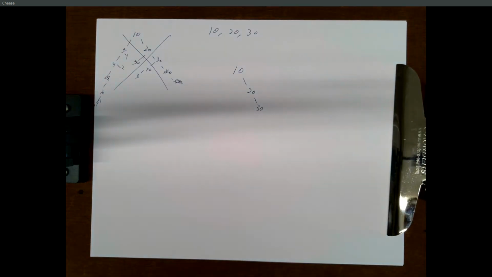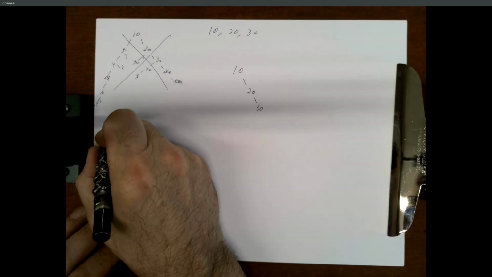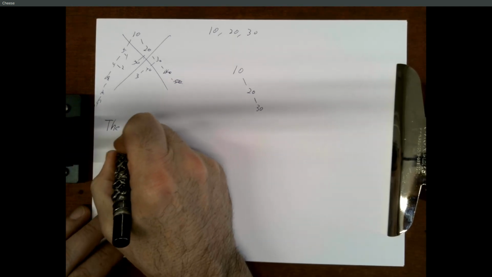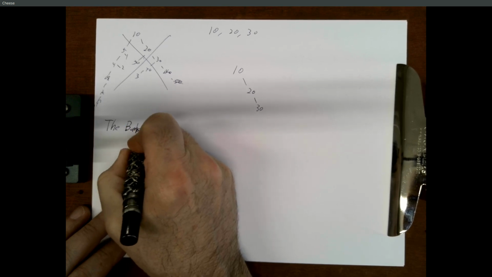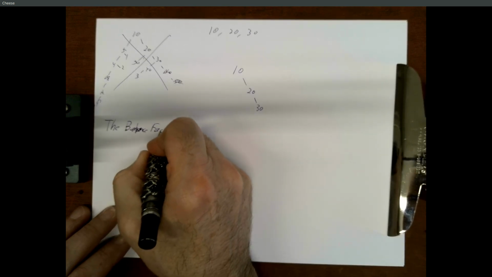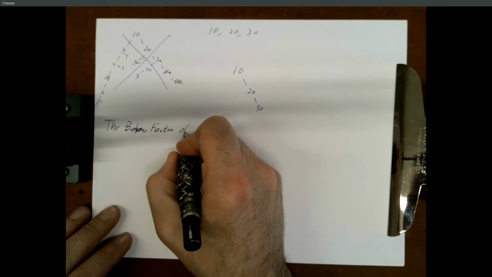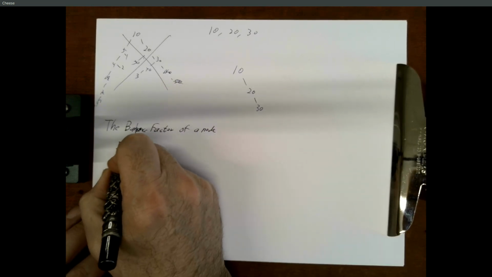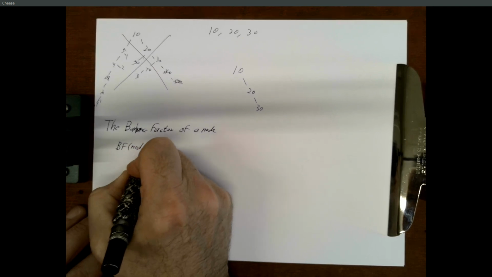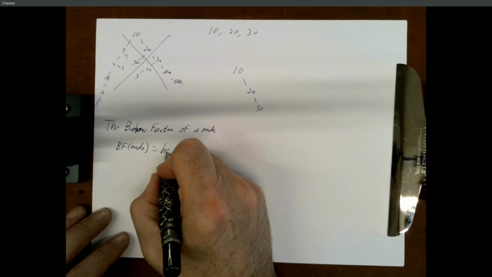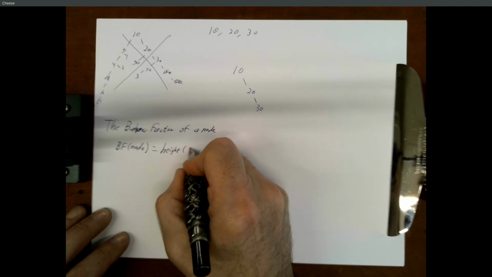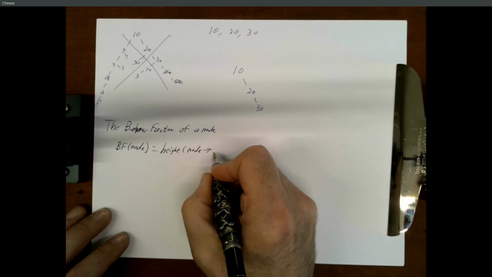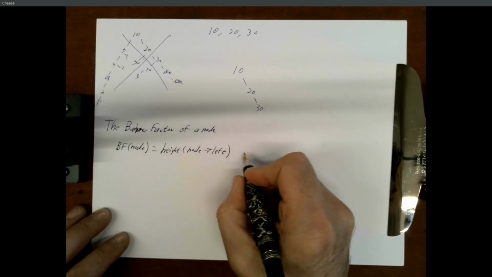All right, so first thing we need to define is something called the balance factor. So the balance factor of a node is the following. It's the height of the left subtree of that node minus the height of the right subtree.